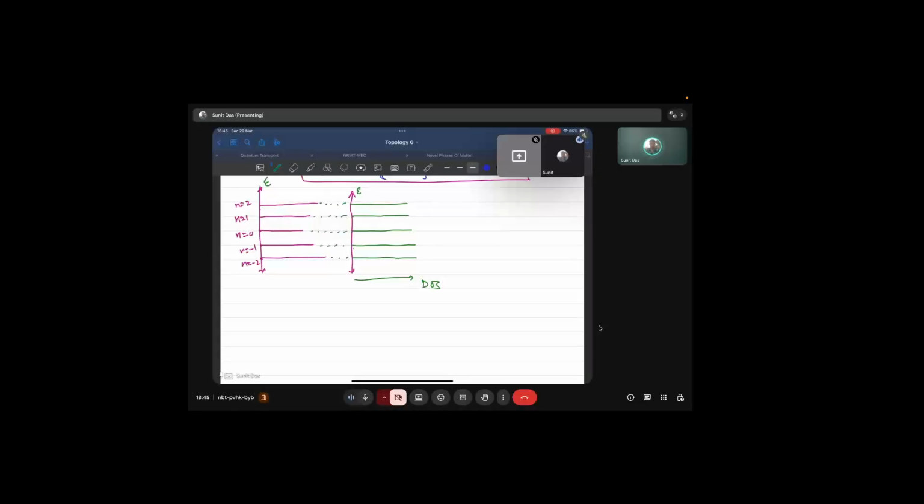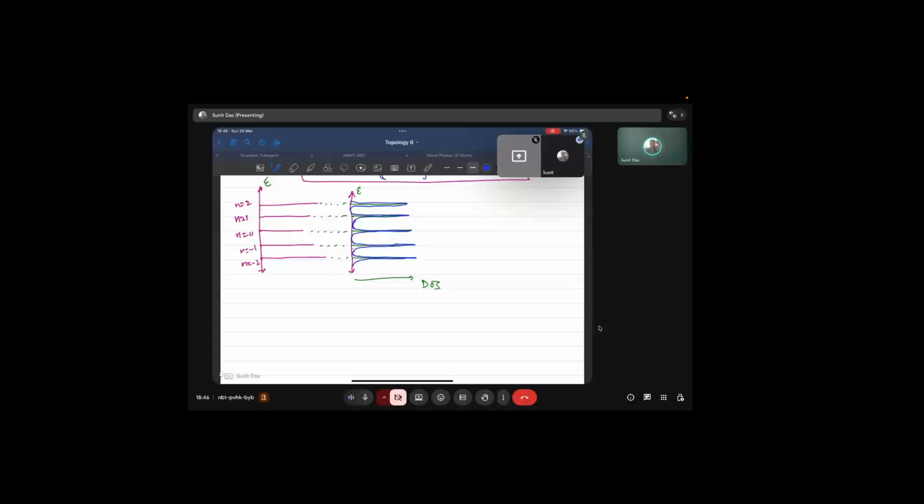Now, in presence of disorder, as I told you earlier, these get broadened, so it somewhat looks like this, for the case of graphene. And then the concept of mobility edge and localized states and so on are also valid here.